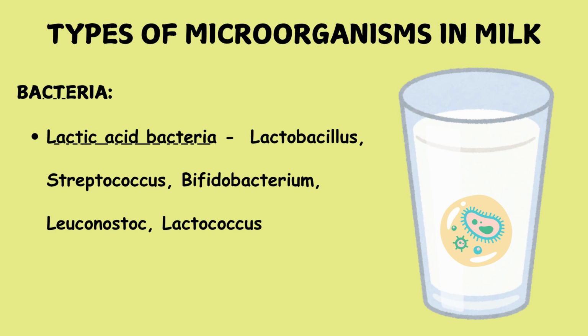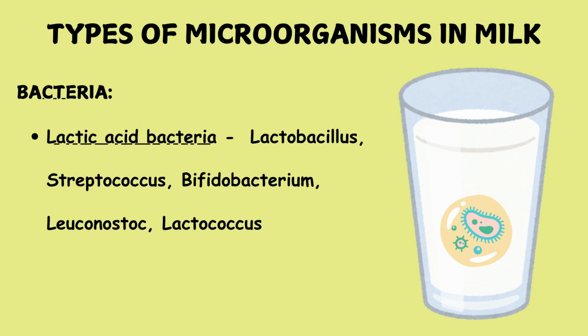Bacteria are the most significant microorganisms present in milk, and they are classified into three categories: beneficial bacteria, pathogenic bacteria, and spoilage bacteria. Lactic acid bacteria are beneficial bacteria that are very important for the fermentation of milk and also for the production of dairy products like yogurt, cheese, and kefir.